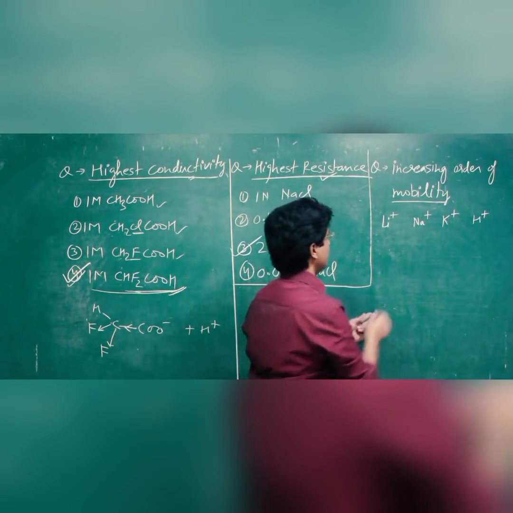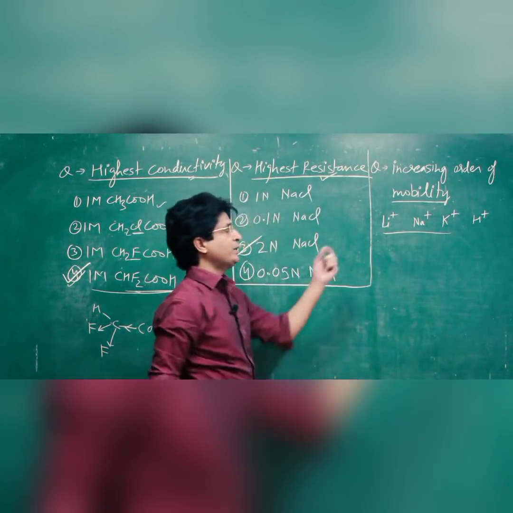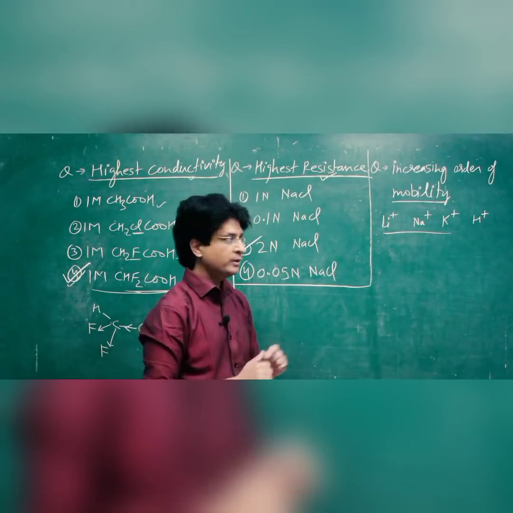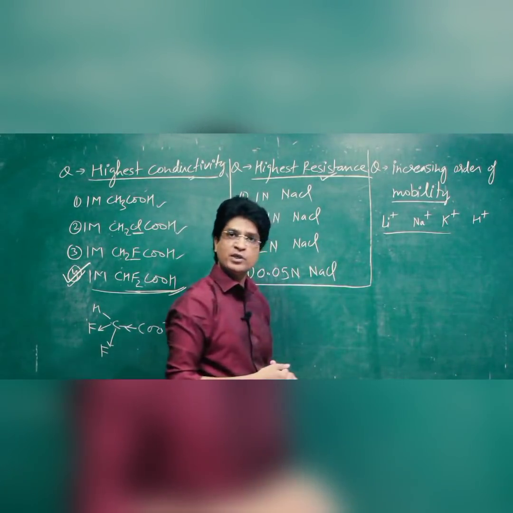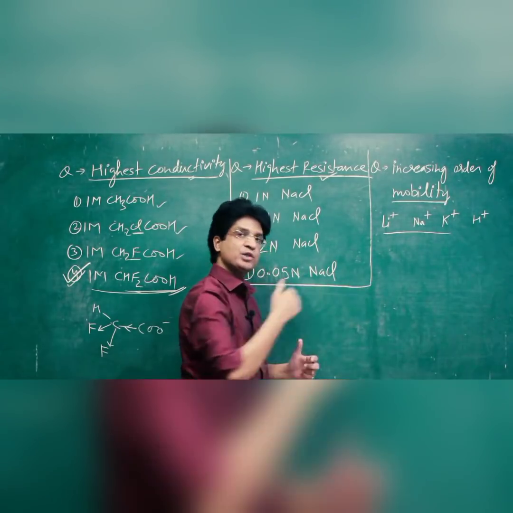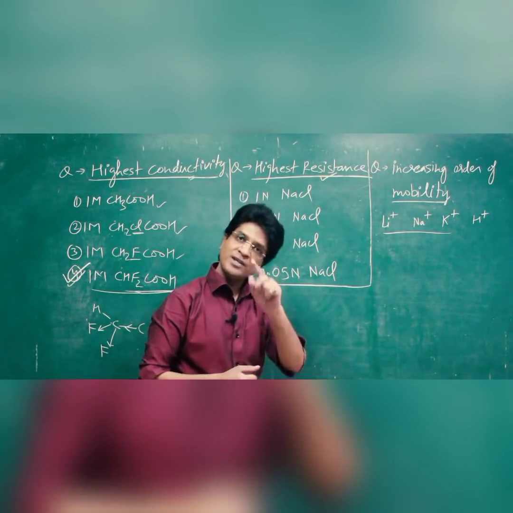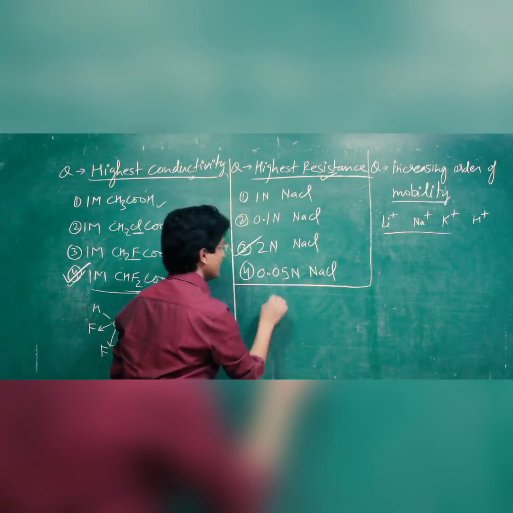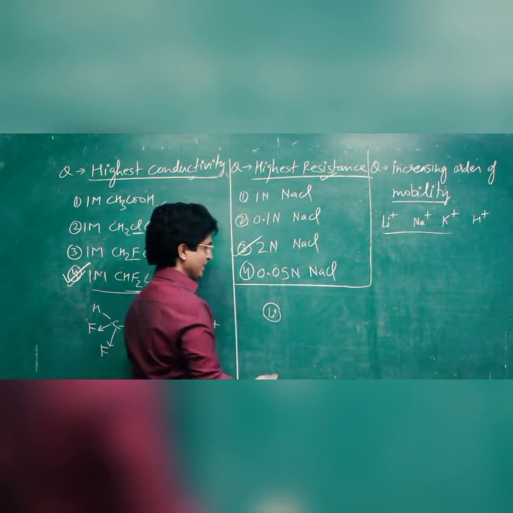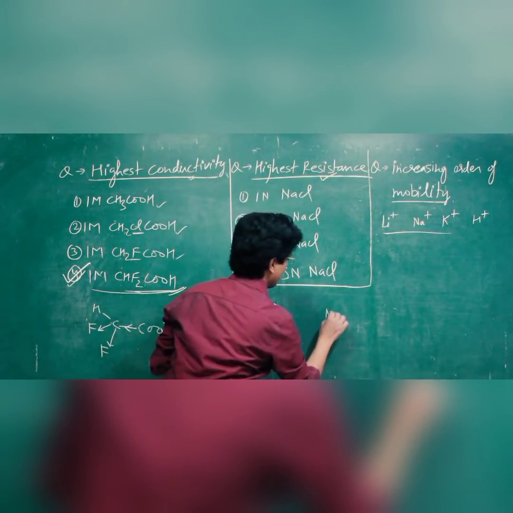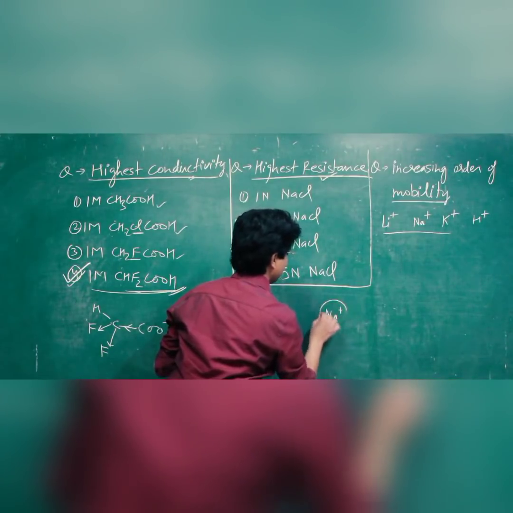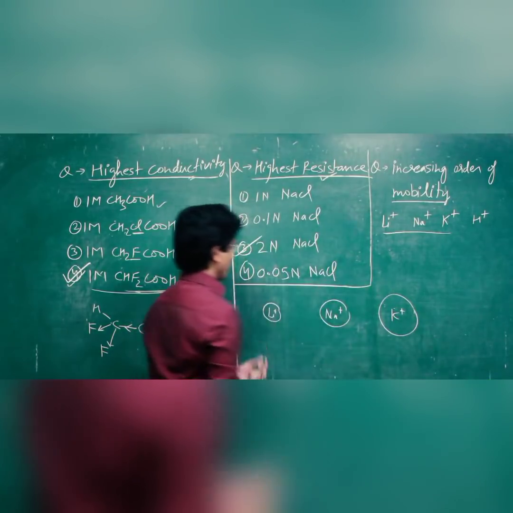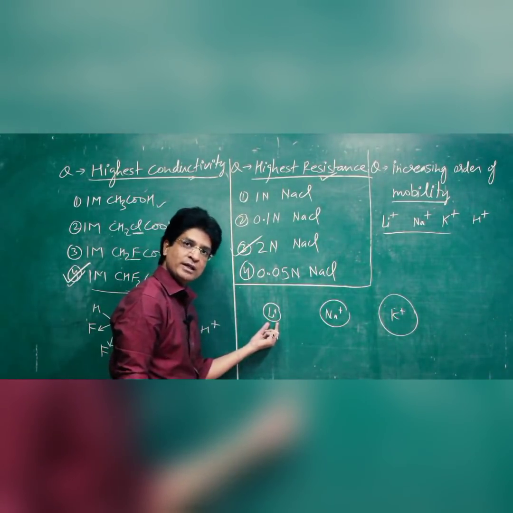Now let's compare these three. Now I told you that when you put the ions in water, they will have a hydration sphere. The size of the hydration sphere will depend on what? Charge density. Now you know that lithium ion is the smallest of these three, and sodium ion is bigger than that, and potassium ions are still bigger. Now the charge density will be more on lithium.